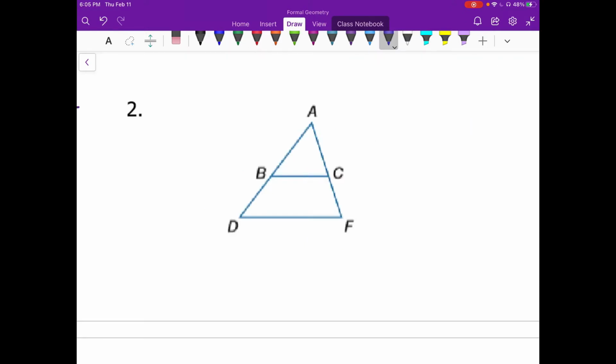On number 2, we have two triangles. What I'm going to do really quick is separate these triangles into two separate pictures so I can see them better. So that's my first one. We'll label it. This is BAC. And let's highlight my bigger one.